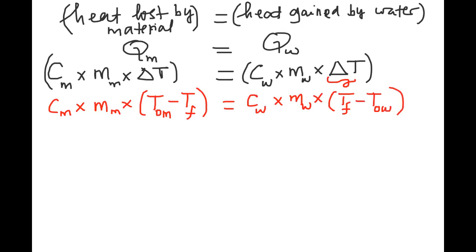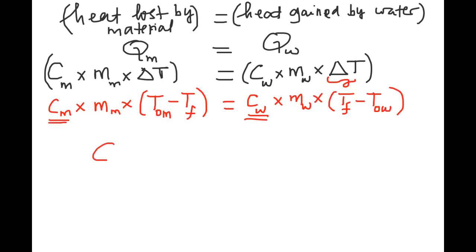All these quantities can be measured, apart from the specific heat of water, which you have to know. So I'm going to isolate Cm on one side of the equation.